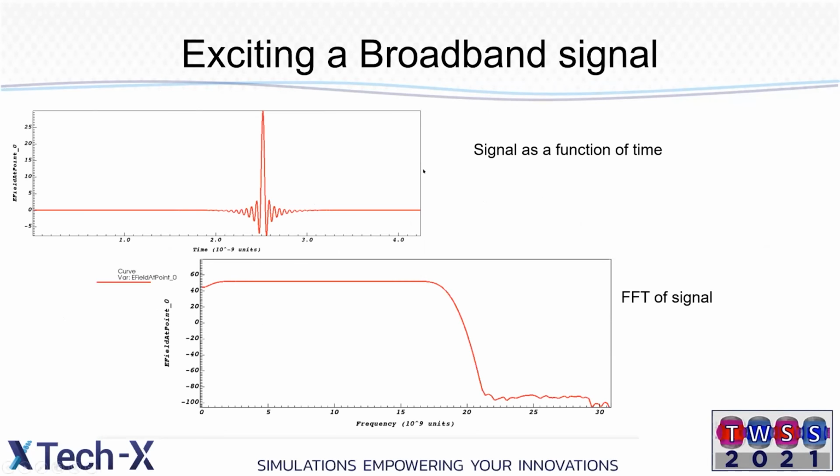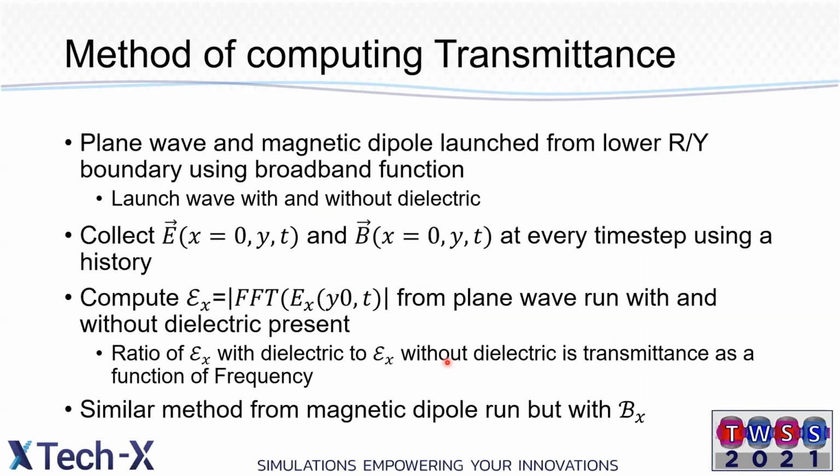And this is what this signal looks like in the time domain. And then in the frequency domain, it's this nice flat signal. So this is time here, this is frequency here, nice flat signal. You can make these cutoffs more abrupt if you want, but you have to run it longer, and I didn't feel like doing that. So again, same method of collecting data.